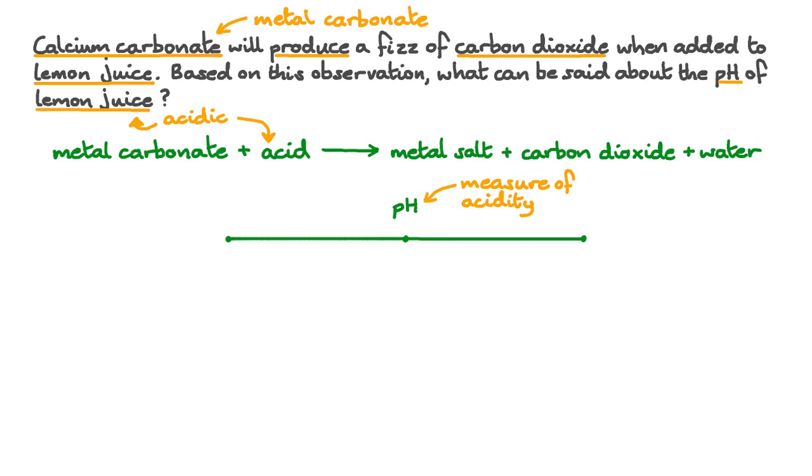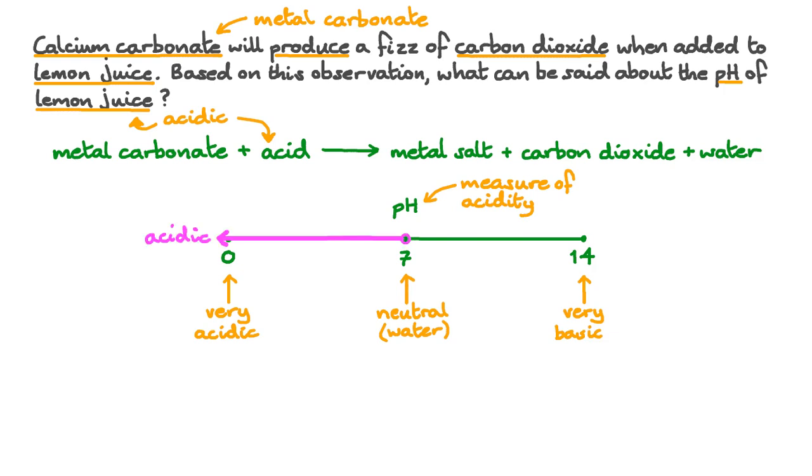pH is the measure of acidity of a solution. Pure water at 25 degrees Celsius has a pH of 7 and is considered neutral. A solution with a pH of 0 is very acidic, and a solution with pH 14 is very basic. In order to react with the carbonate, lemon juice must have a pH less than 7 and therefore be acidic.